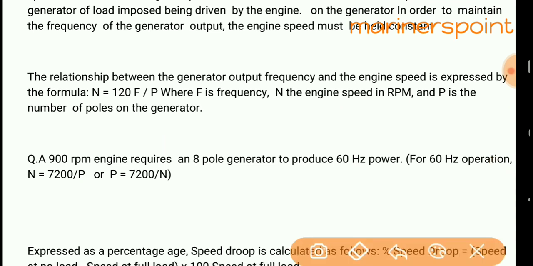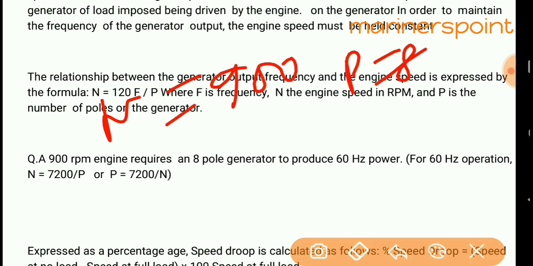A 900 RPM engine requires an 8 pole generator. N is 900, P is 8, frequency is 60 Hz.